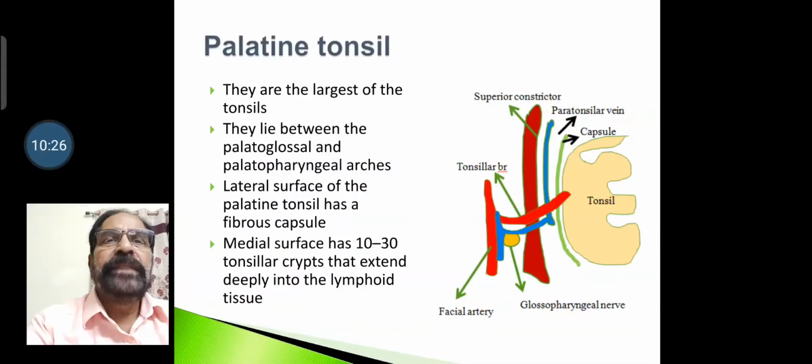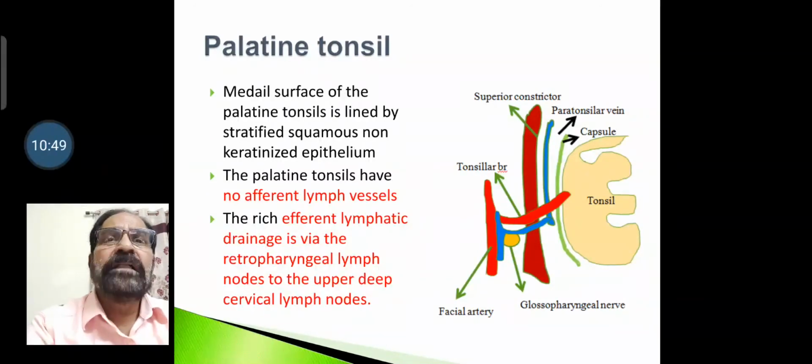Palatine tonsil. It is the largest of the tonsils. They lie between palatoglossal and palatopharyngeal arches. Lateral surface of the palatine tonsil has a fibrous capsule. Medial surface has 10 to 30 tonsillar crypts that extend deep into the lymphatic tissue.